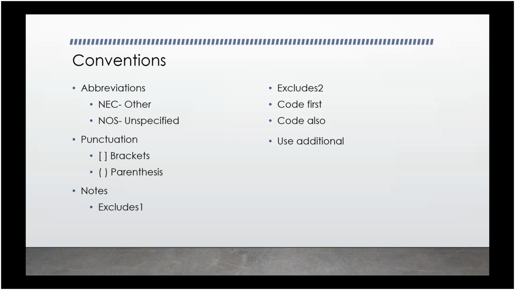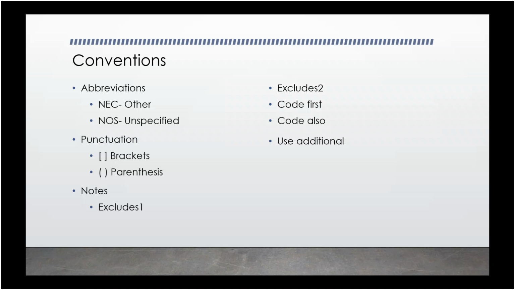Excludes 2 means it's not included here, meaning that if it is documented, it's not part of the condition represented. The patient could have both of these, so we would code them at the same time if they're documented. Excludes 1, you should have highlighted pink. Excludes 2, you should have highlighted orange.